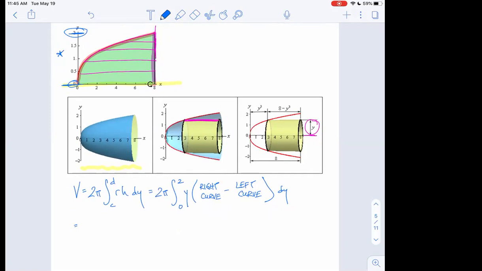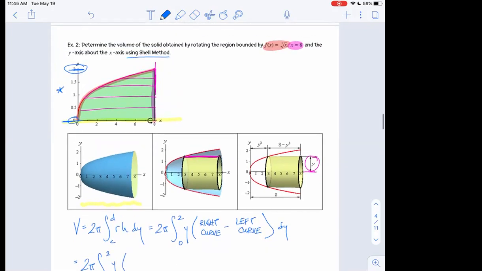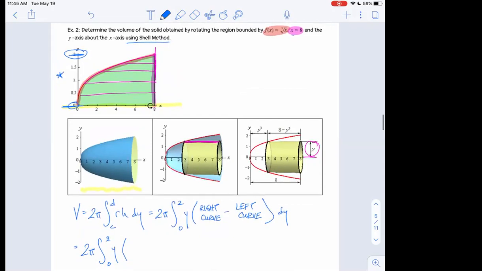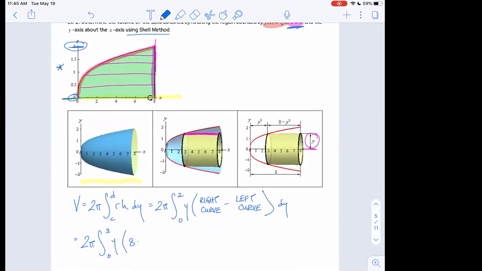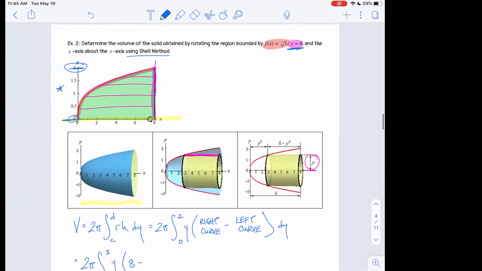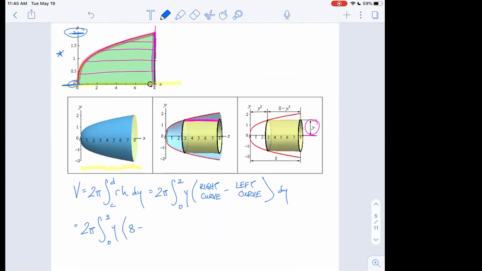So we've got this equal to 2 pi, the integral from 0 to 2 of y. Our right curve is just 8 minus our left curve is the cube root of x.